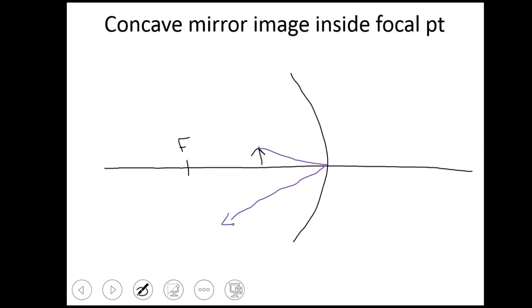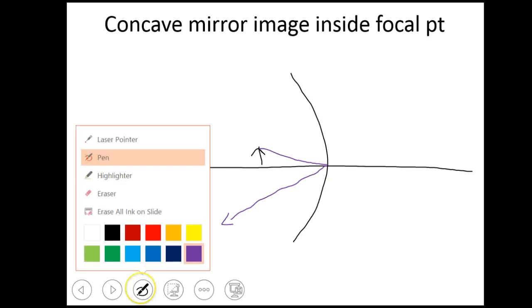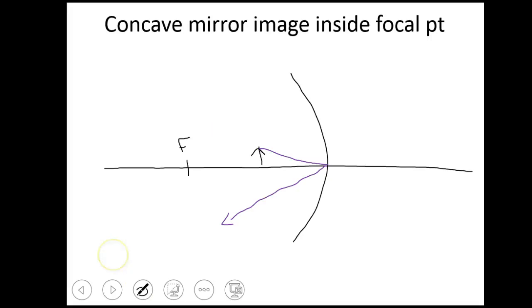Alright, and then I'm going to have a parallel ray coming in, and then the incoming parallel ray is actually, and this is going to be hard, I've got to pretend that it's so narrow, it hits that near focal point. There we go. Alright, so it is going to go through that near focal point. There we go.